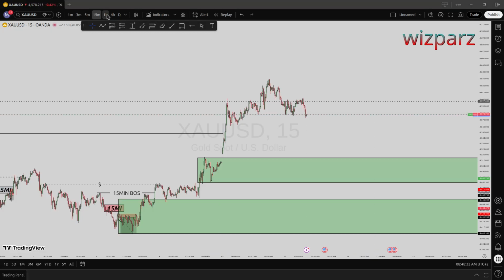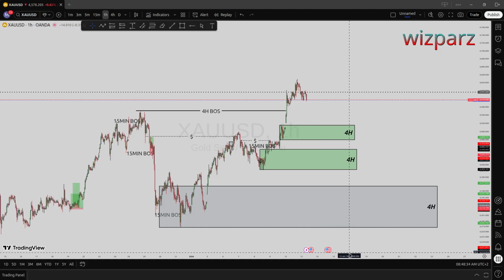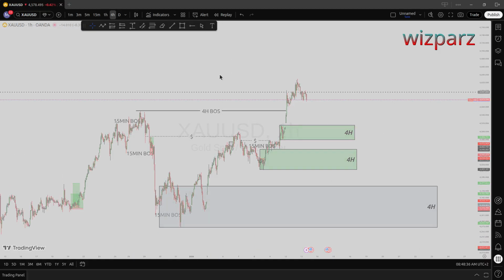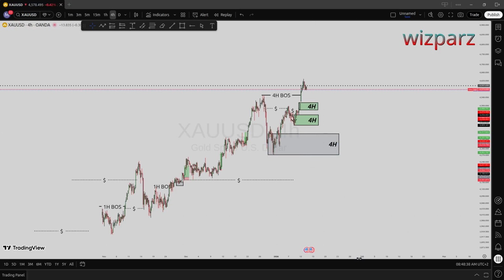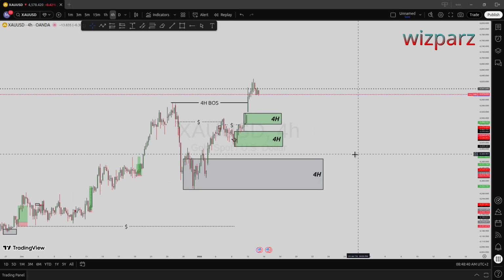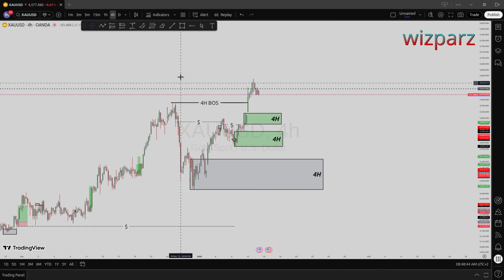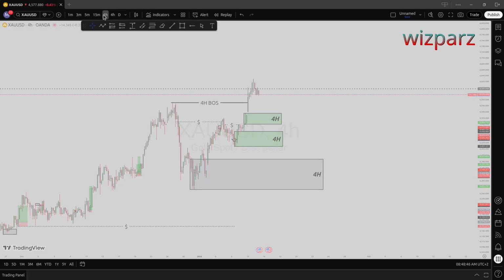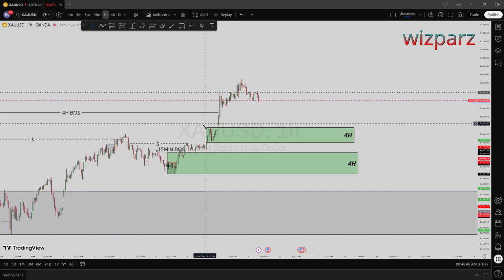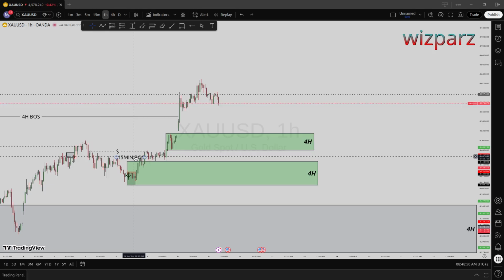First of all, we have to mark up our structure. We go to the 4 hour and mark up our structures. You can see I already did that, and we scale down to 1 hour to find a major demand area.